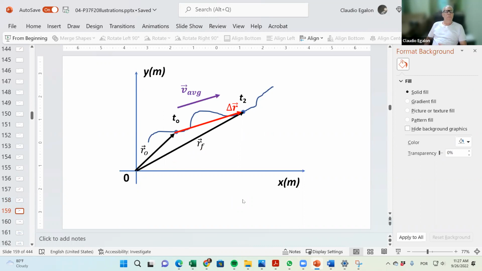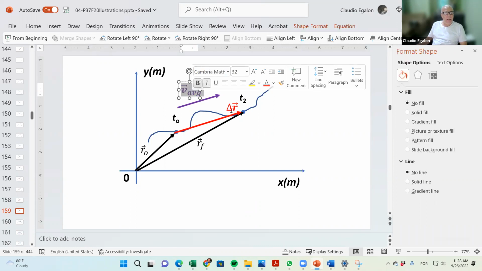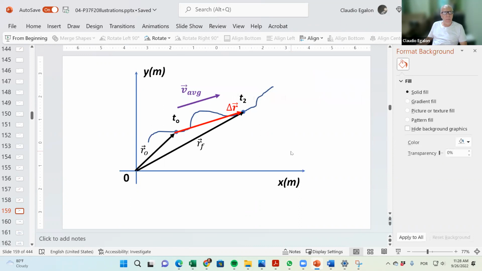Now, what else can you remember? Average velocity is delta R over delta T, the vector delta R divided by a scalar. Because the average velocity is directly proportional to the displacement vector, the average velocity vector will point in the same direction as the displacement vector.